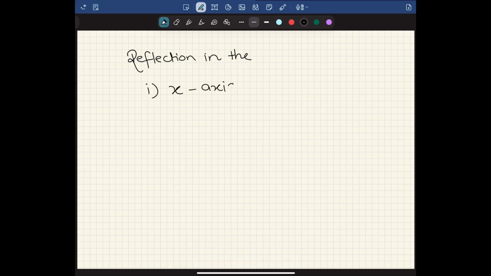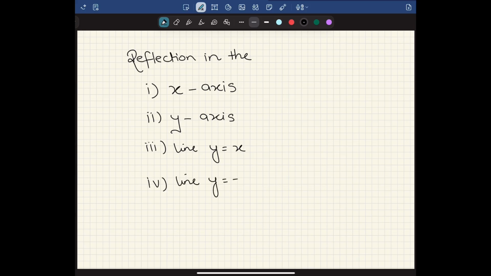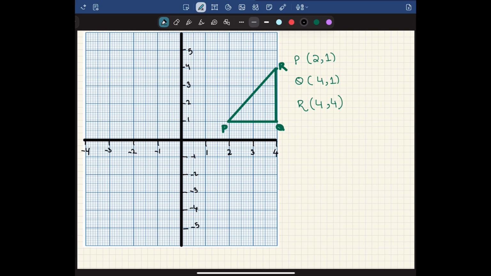Reflection in the x-axis, reflection in the y-axis, reflection in the line y equals x, and reflection in the line y equals negative x. So we are first going to discuss these 4 standard cases, and then we will move on to other general cases.